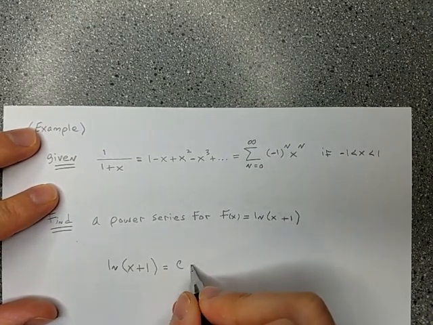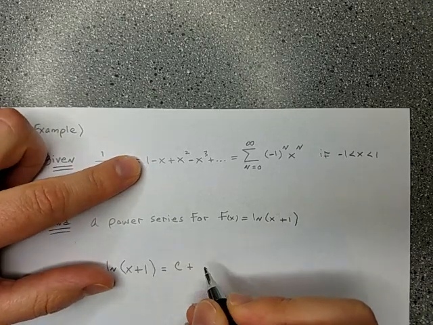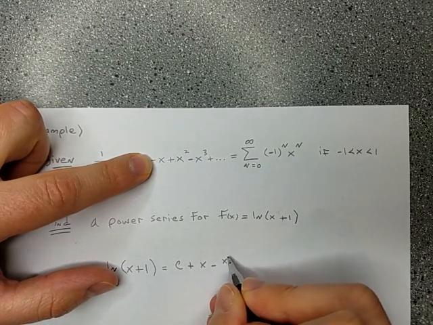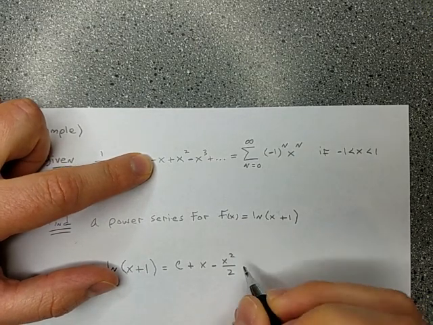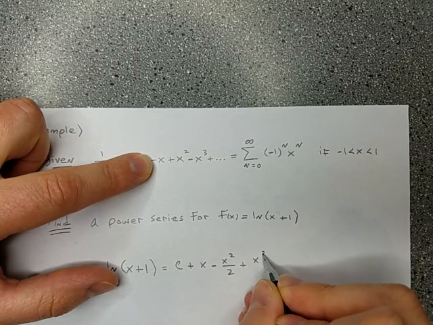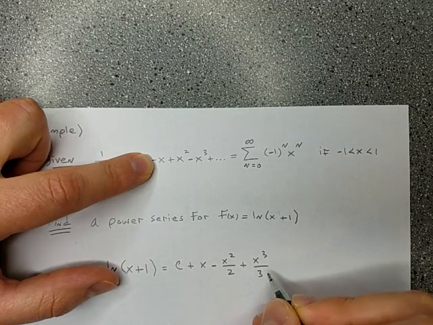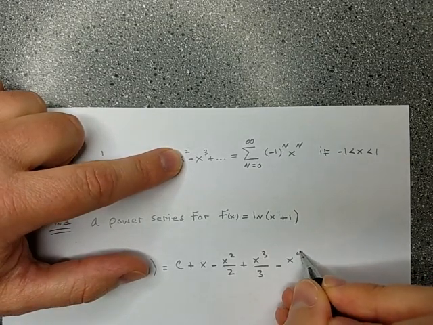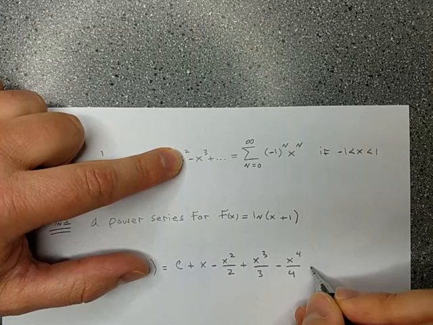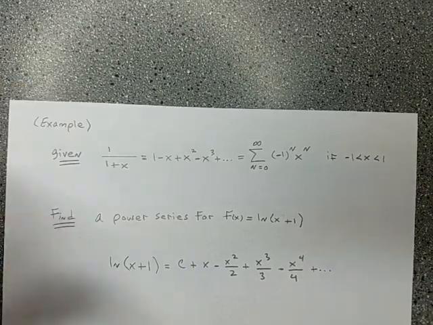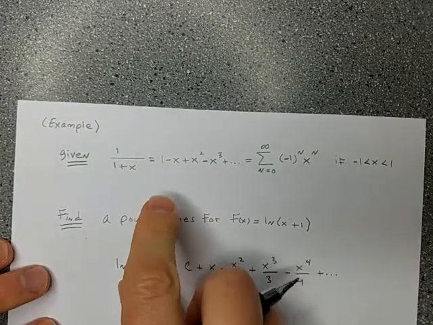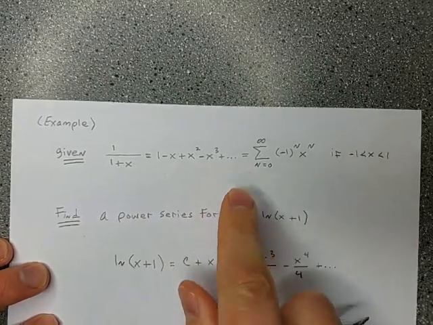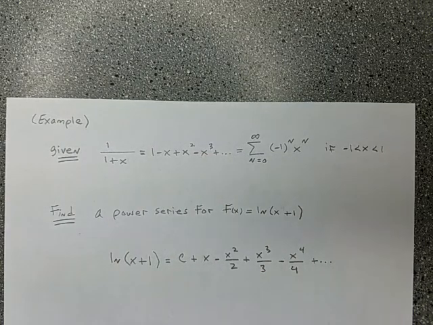There will be some constant of integration plus, what's the antiderivative of 1? It's x minus x squared over 2 plus x to the 3rd power over 3, minus x to the 4th power over 4, and then that keeps going. So the antiderivative of this is equal to the antiderivative of that plus some constant of integration.